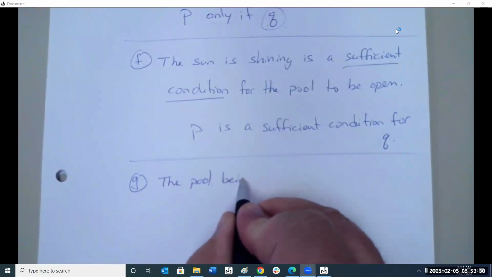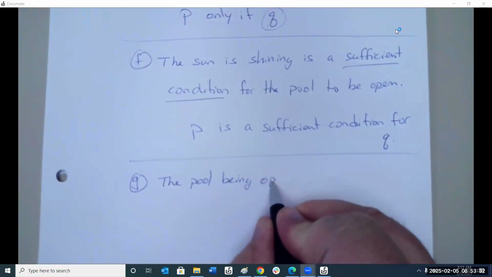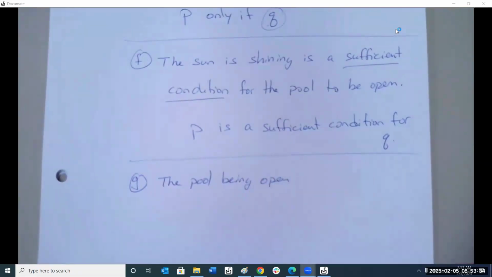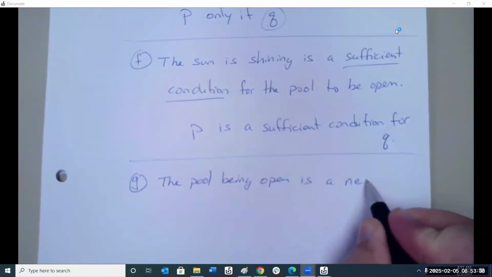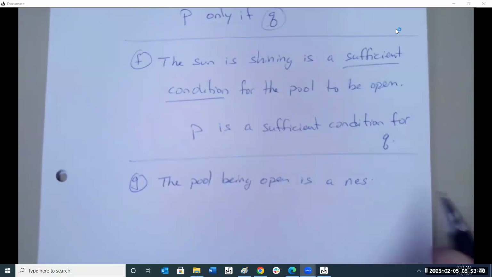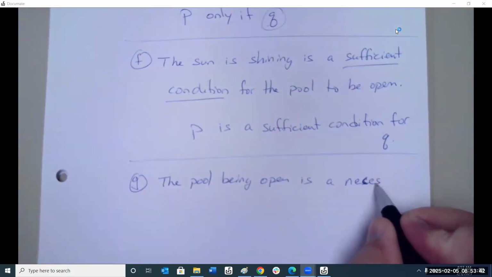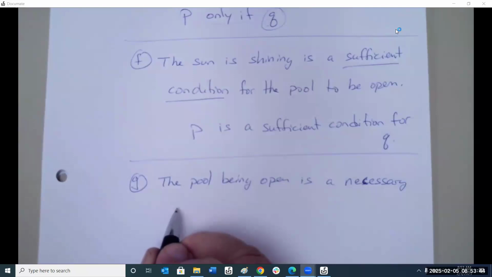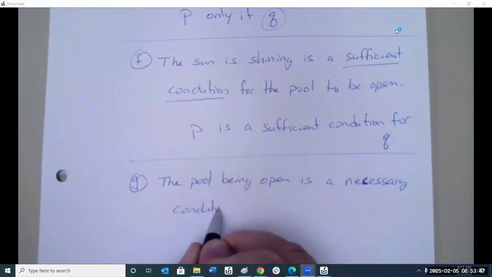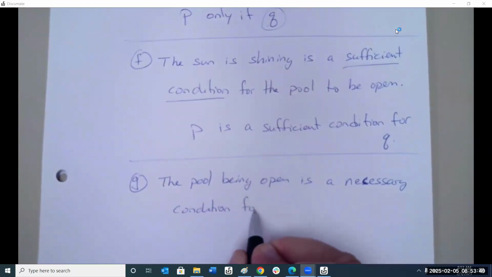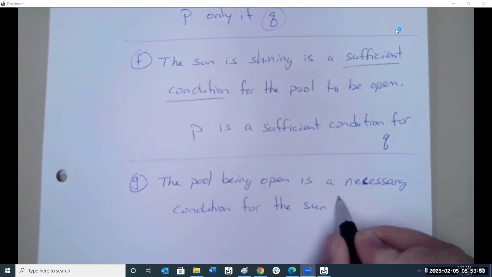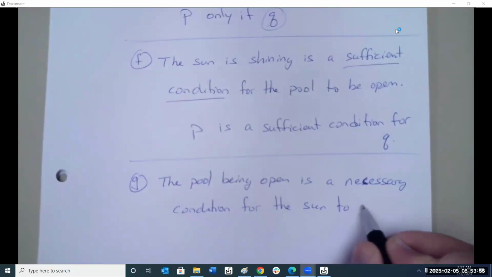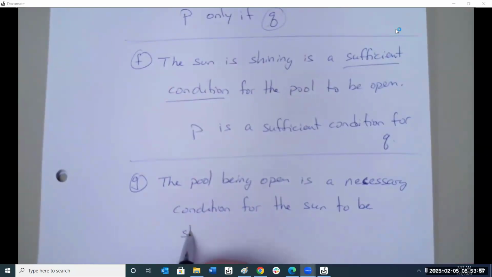The pool being open is a necessary condition for the sun to be shining.